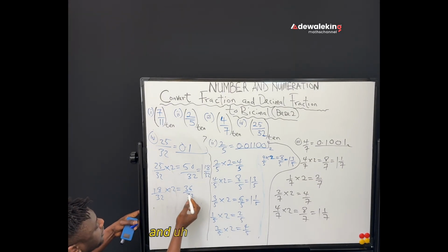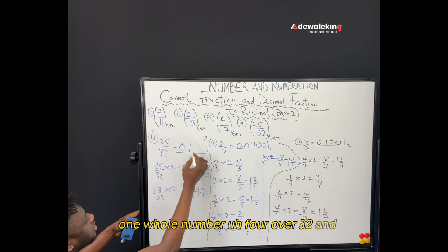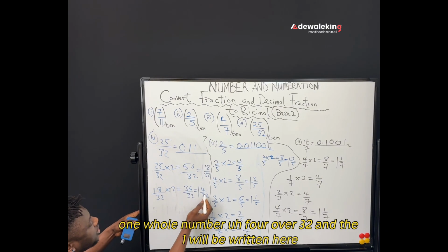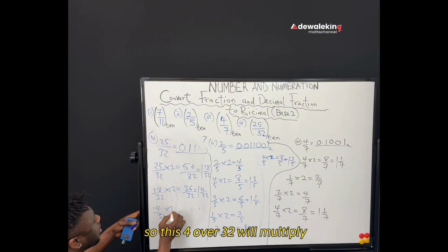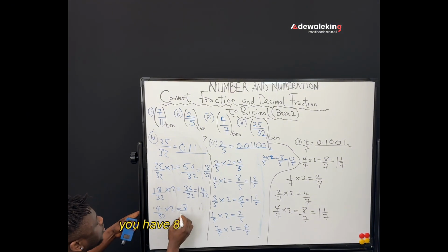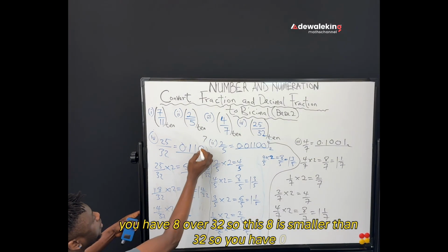This is the same thing as one whole number, 4 over 32, and the 1 will be written here. This 4 over 32 will be multiplied by 2. You have 8 over 32. This 8 is smaller than 32, so you have 0.